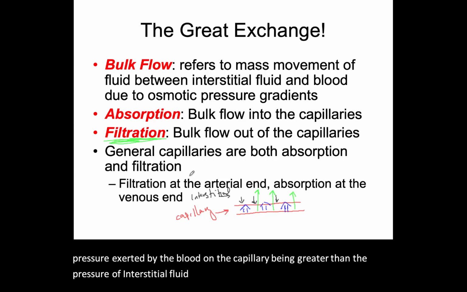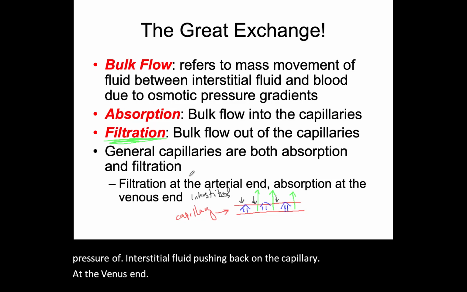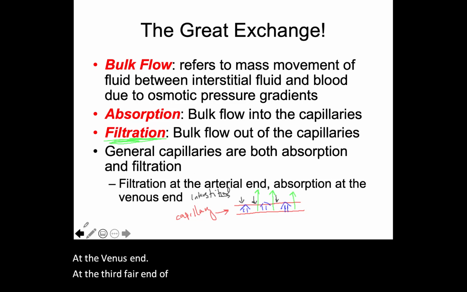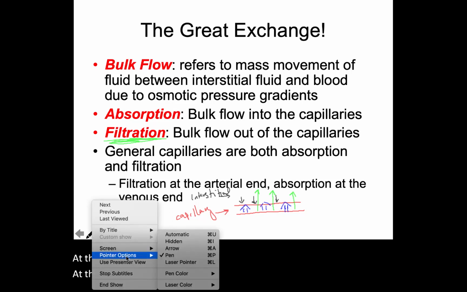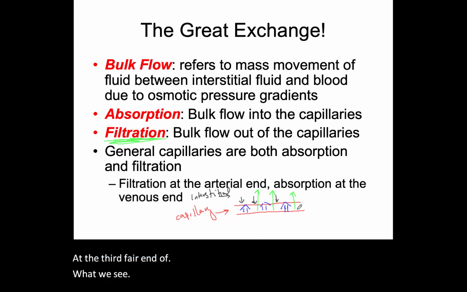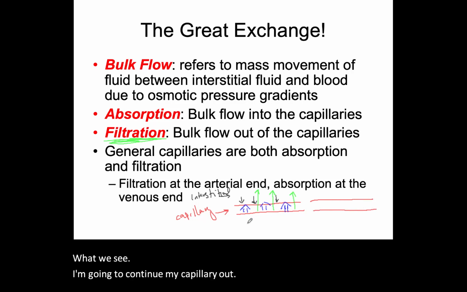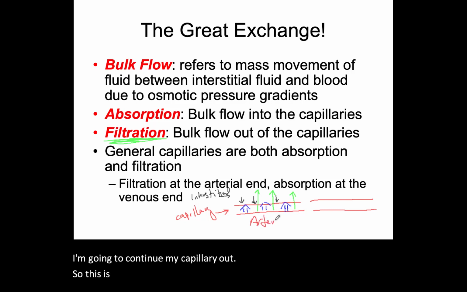At the venous end, at the thoroughfare end of the capillary, what we see, I'm going to continue my capillary out. So this is the arterial end. This is going to be the venous end.